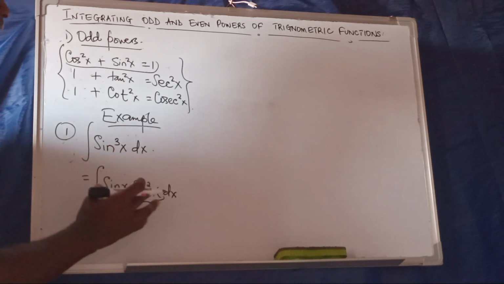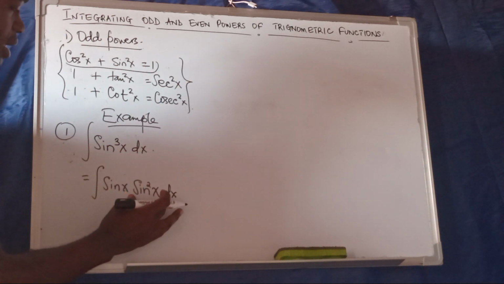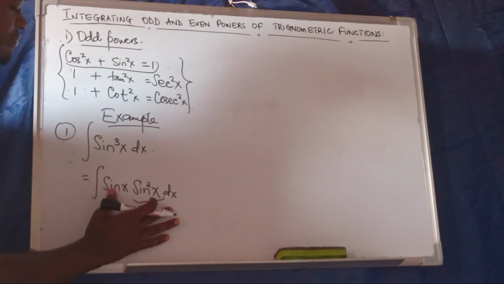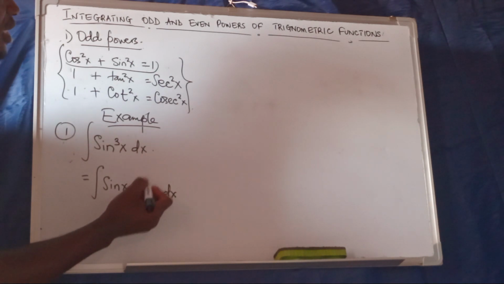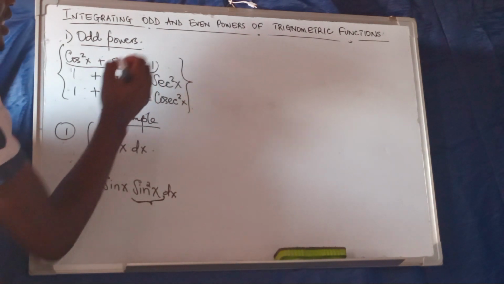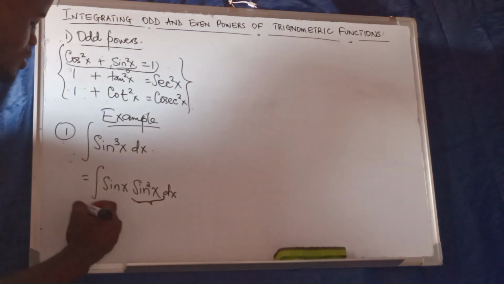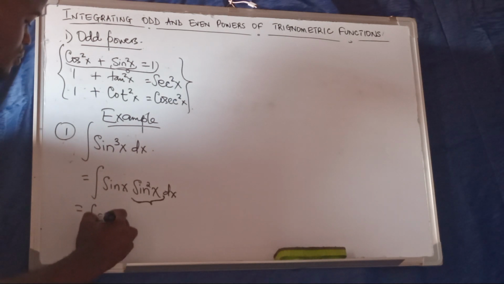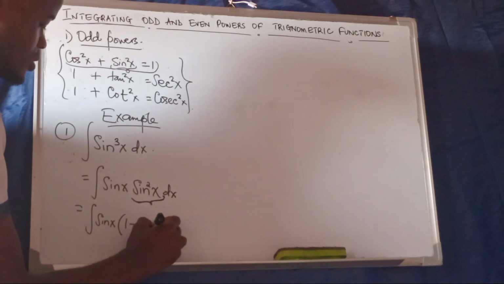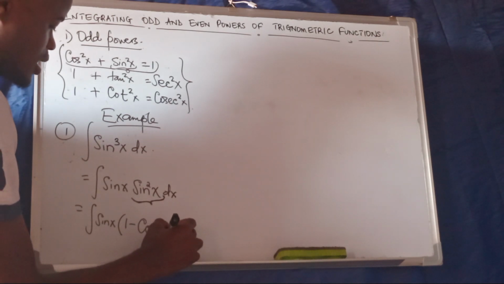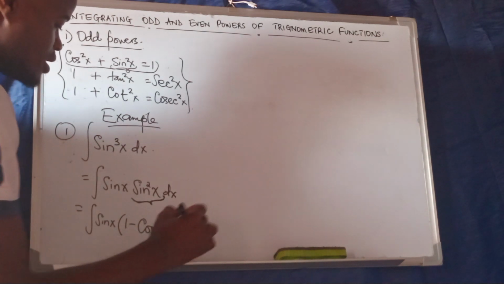So now here, we can't use this because we have to express the sine squared. So we have to use the identity that contains the sine squared. We know that sine squared is equal to 1 minus cos squared x, then the x.